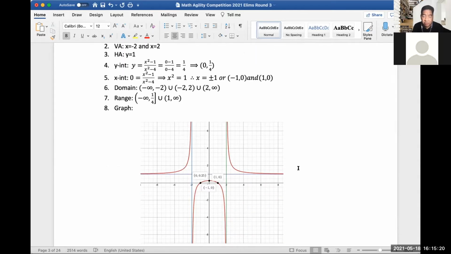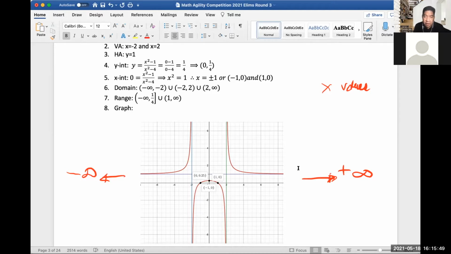And if we look at the domain, domain means all the x values, right? Where it is defined in x. So meaning x going here towards negative infinity, and on the right side it would be positive infinity. If you look at the red curve, that's the graph of the rational function we're solving.